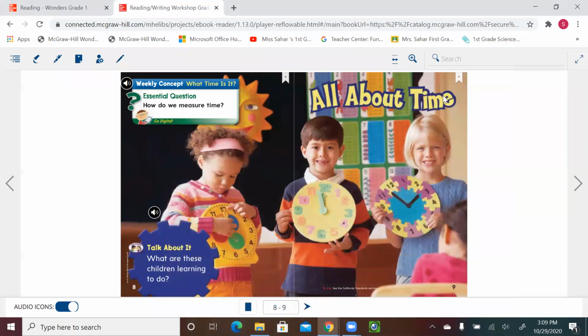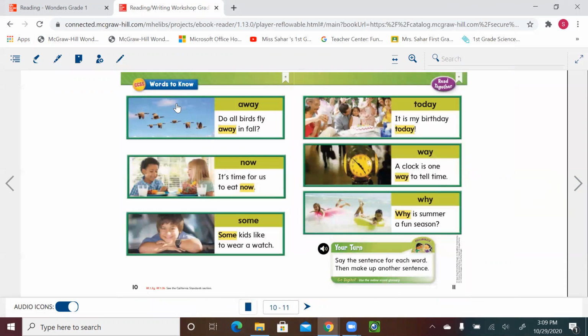All right. So we're still in our reading and writing workshop book. We are on page 8 and 9, and we talked about the weekly concept, what time is it? And the essential question, how do we measure time? All right. Let's turn the page and listen to our words.